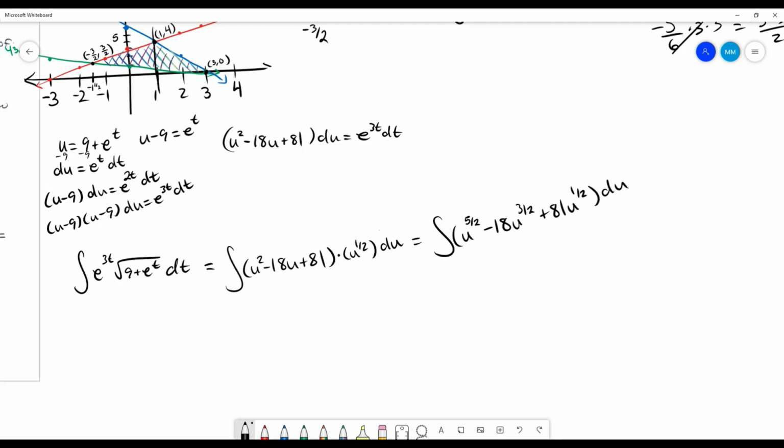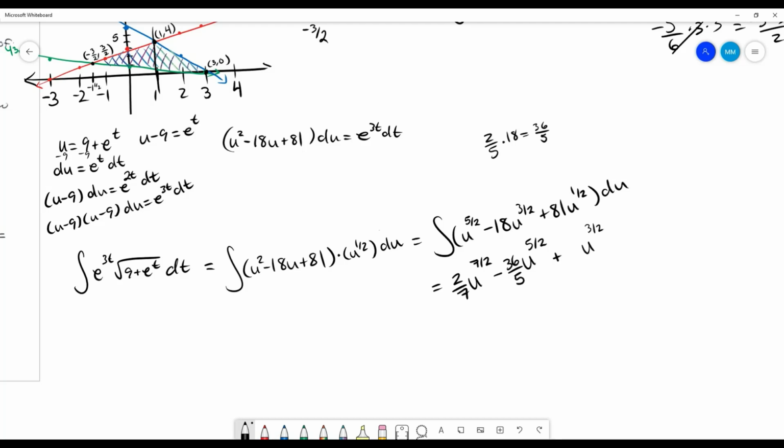And now we just undo that power rule. So I'm taking that integral, I'm going to go backwards. So it's going to be u to the 7/2, and then I divide by this. Okay. Same here, so it's going to be u to the 5/2, and then I divide by that, so I'm going to get 2/5 times 18, which is 36/5, which is an improper fraction, but I'm going to leave it alone right now.